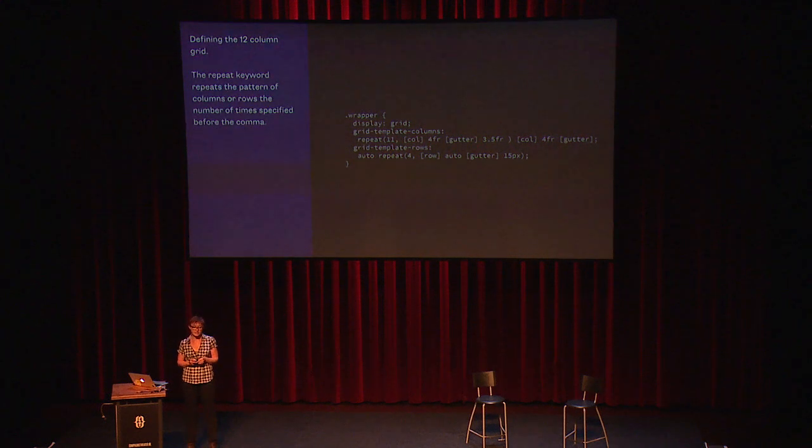And I then create a grid. It looks a bit more complex because I've got this repeat keyword going on, and I've named the lines. So we're going to have multiple row and column lines and multiple gutters for rows and columns. And outside of the repeat, I'm just tidying it up so I don't end up with a trailing gutter. So you can have a repeating pattern and then a bit that doesn't repeat, whatever you like, really.